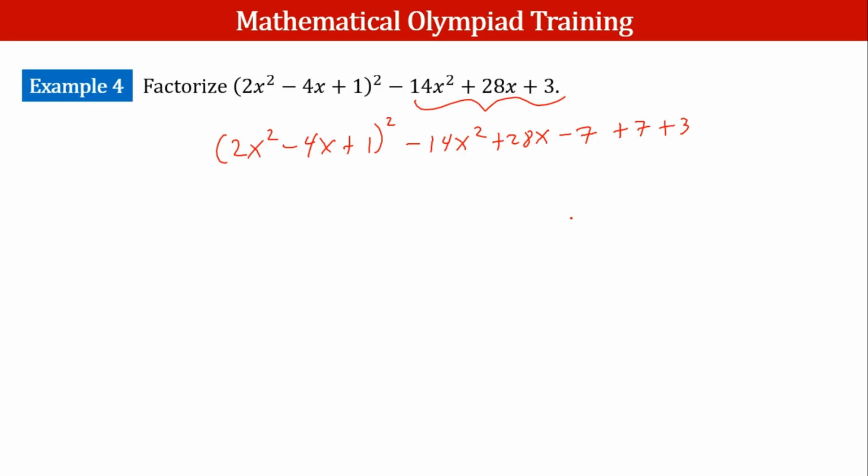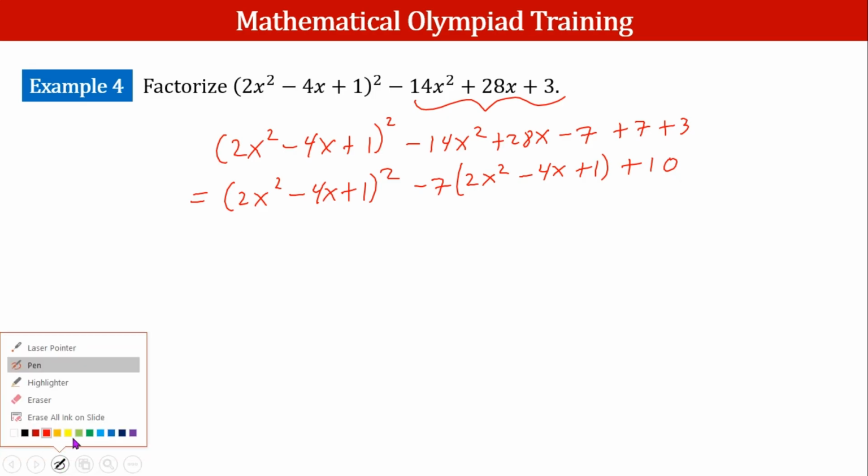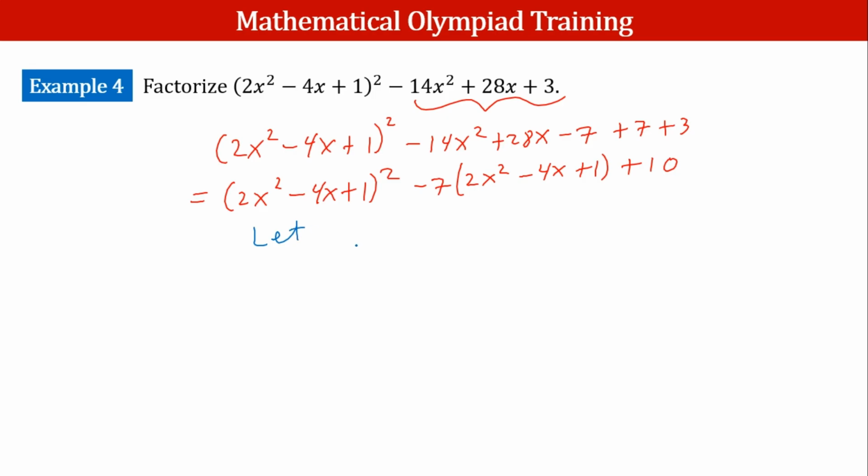then make a substitution. So this is going to be 2x squared minus 4x plus 1 squared, factor out negative 7, so this is positive 2x squared minus 4x plus 1, and this is going to be plus 10. Now, just like in the previous example, I'm going to let y, you can use any other variable you want, but here I'll just use y.